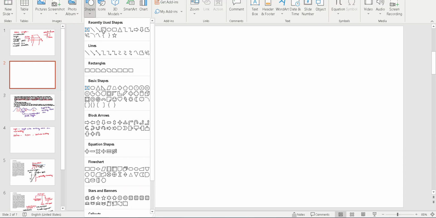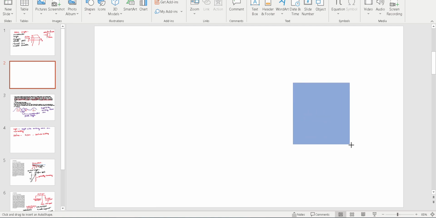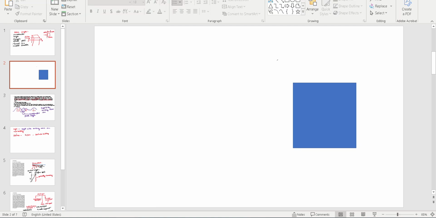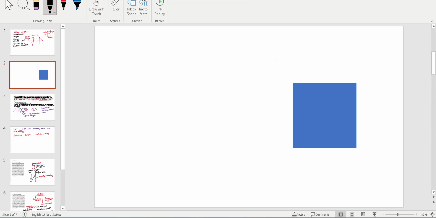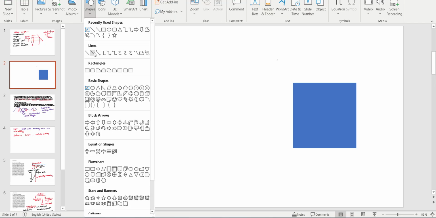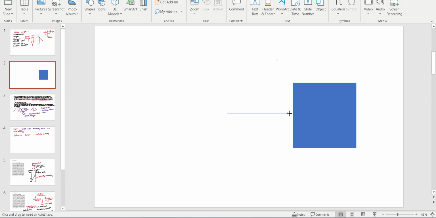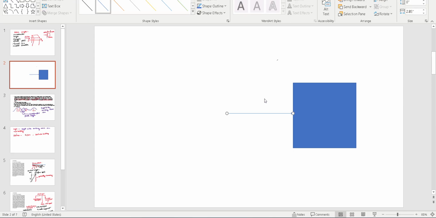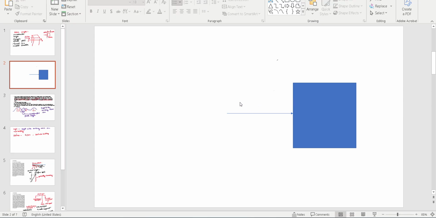Suppose this is a structure and wind is flowing in this direction. Okay, so this is the wind direction, and this is the structure.